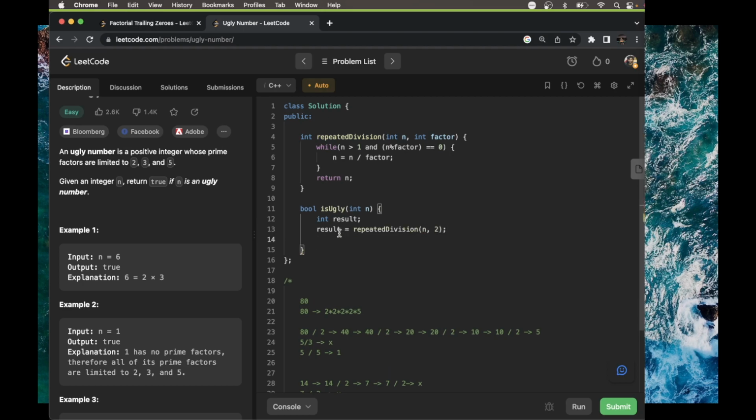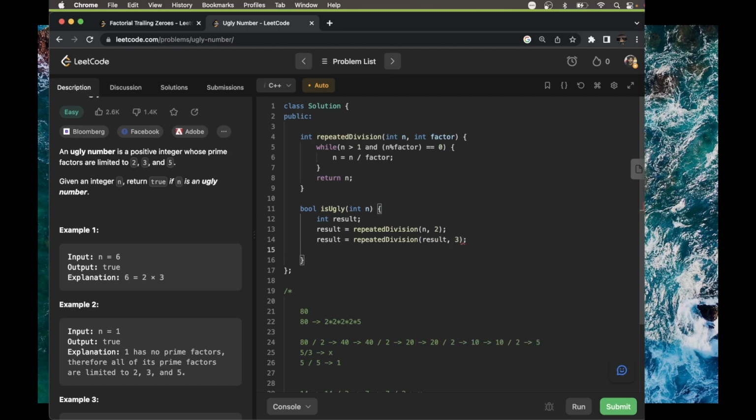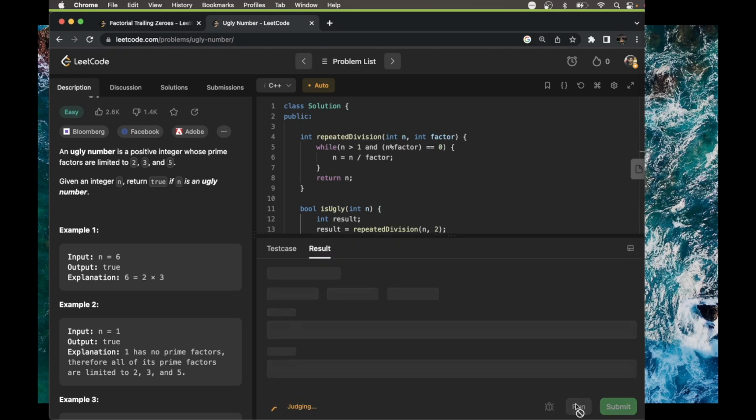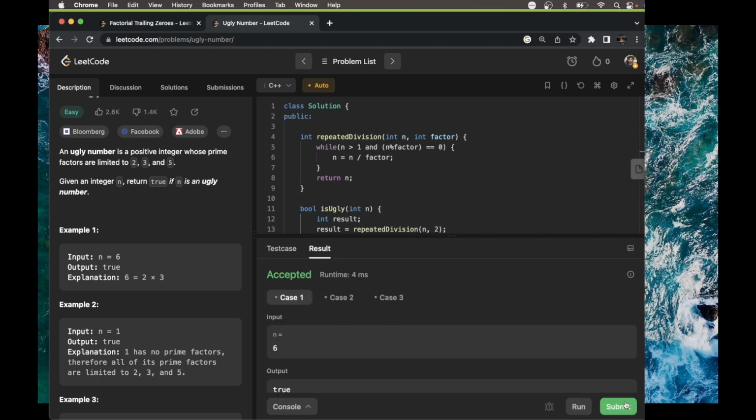Whatever is the output, I will pass that output for a repeated division with 3. Then whatever is the output, I'll pass that output for a repeated division with 5. And at last, if result is equals to 1, then our number is an ugly number, otherwise not. If you run it, you can see it works for all the cases.